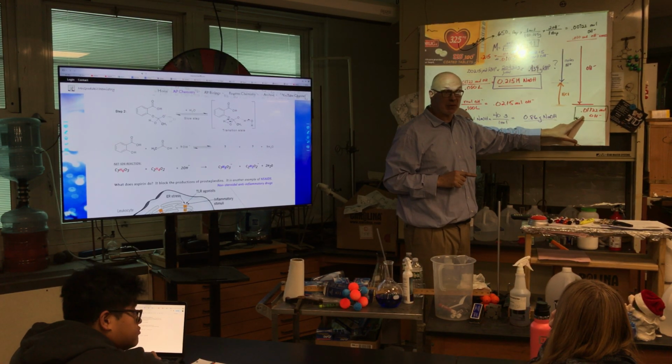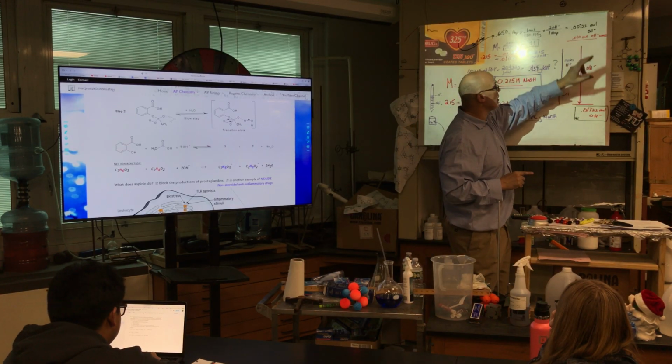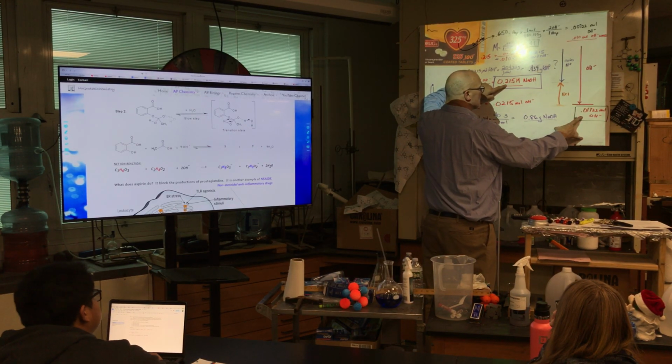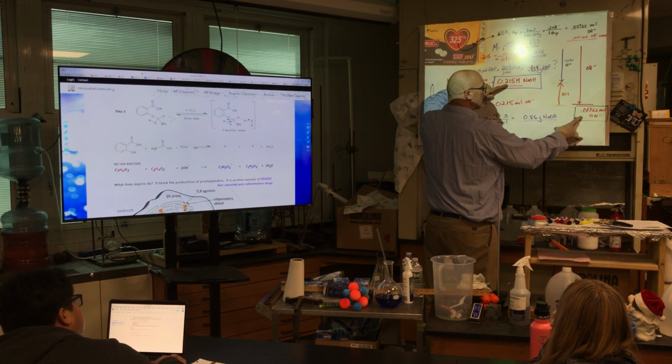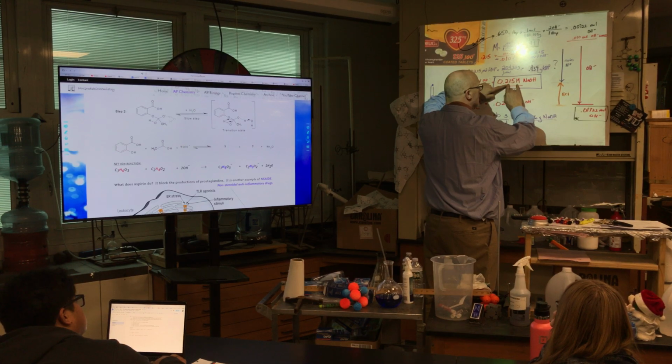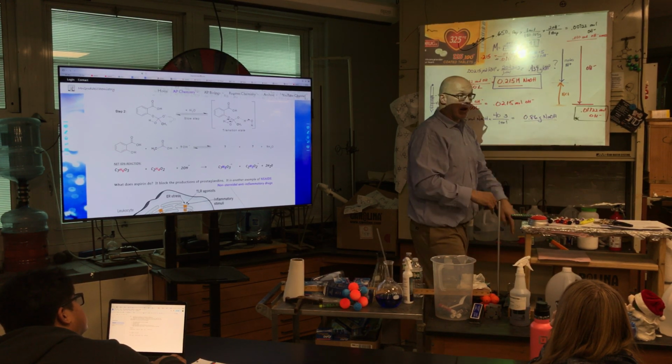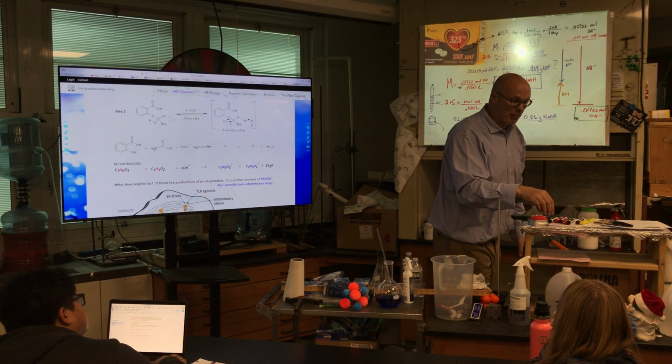How did we find this? I added an extra, and from this, I got what? This. My friends in chemistry, we added 80 milliliters, not of this, but of this. What does this line have to do? Go down or go up?